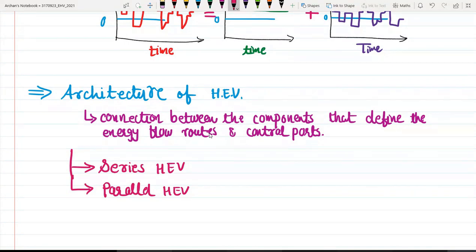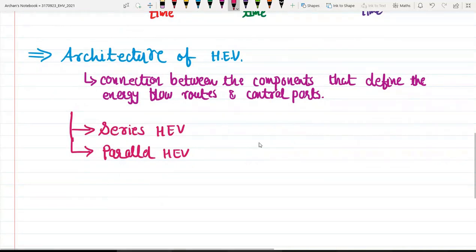Therefore, there are more categories defined nowadays. So hybrid electric vehicles are now classified into four categories. Okay?